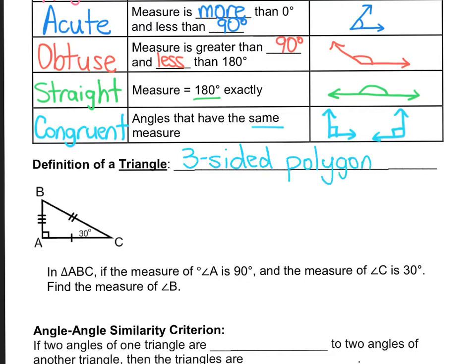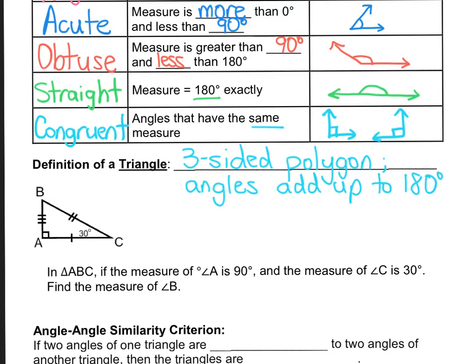And then the other thing that we want to know about a triangle is that the angles add up to 180 degrees. So all the inside angles add up to 180 degrees.